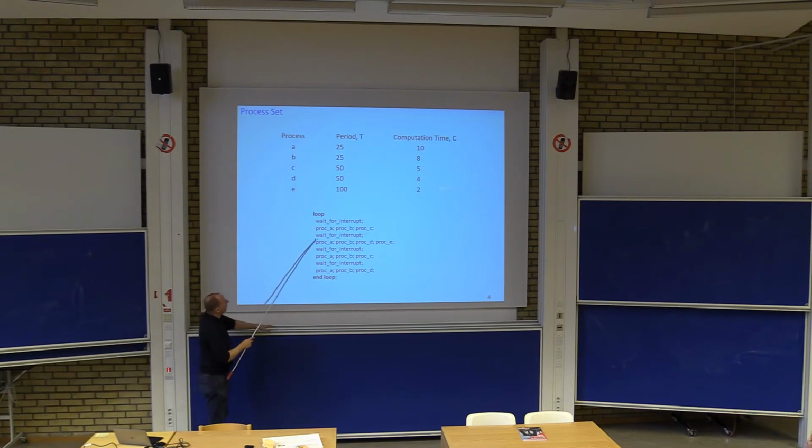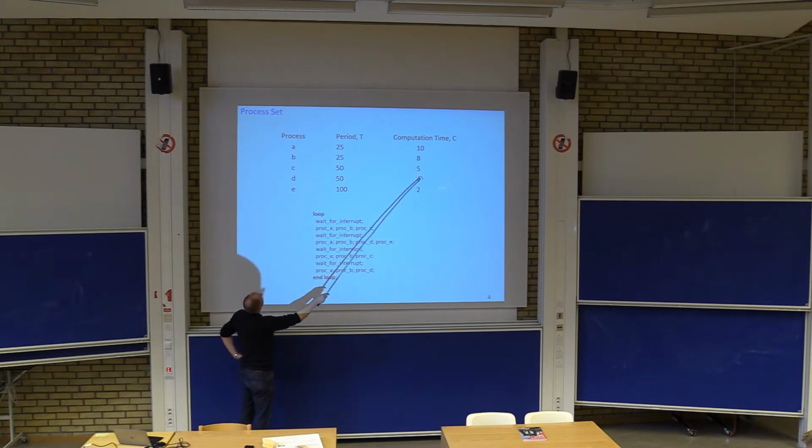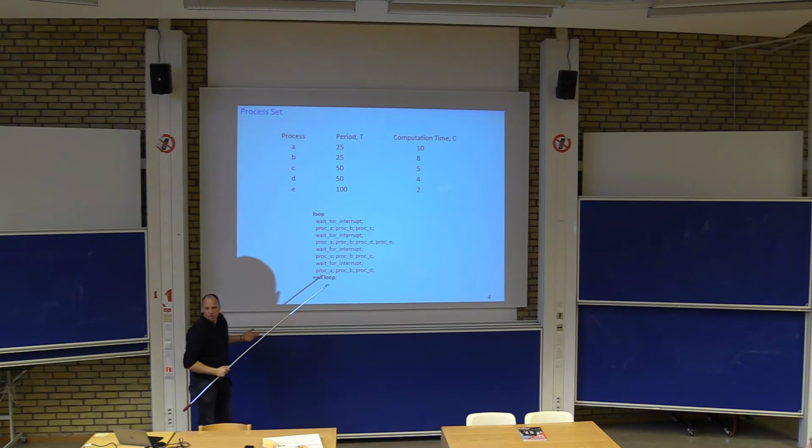Then we can wait for a new interrupt after 25 milliseconds. Then we can execute A, B, D, and E, which will be 10 plus 8 plus 4 plus 2, so 24. Then we do A, B, and C, which will be 23, I believe. And then we have A, B, and D.